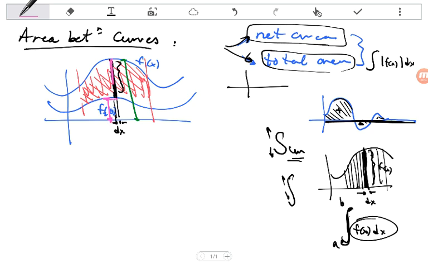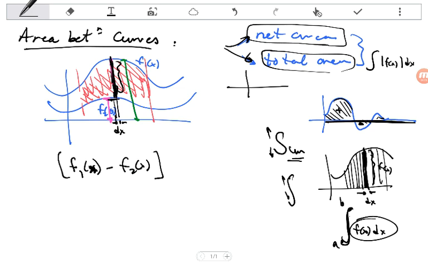So if I want to find this black area of the strip, what would the length of this strip be? It would just be the above curve minus the below curve. So it will be f1 of x minus f2 of x.